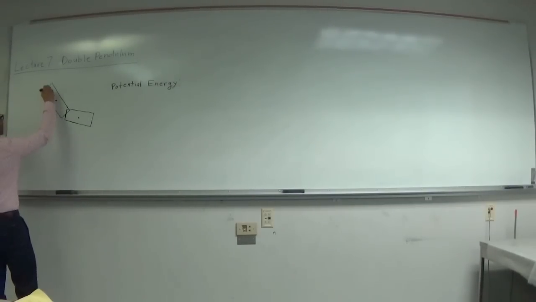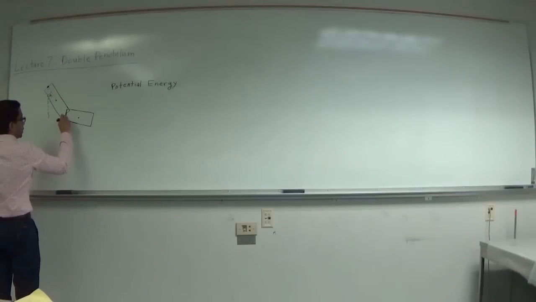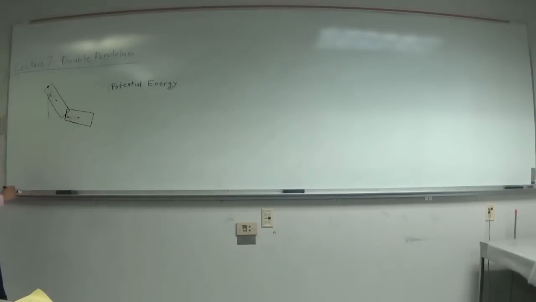These are going to be the triangles that we're thinking of. So this is theta 1, and this is theta 2. Suppose this is all of uniform mass, so the density is constant and isn't changing as we move.